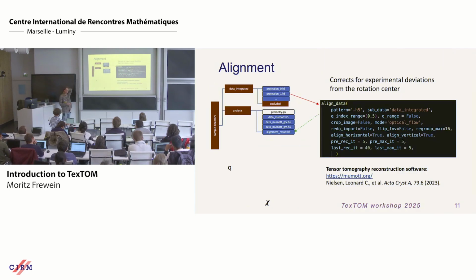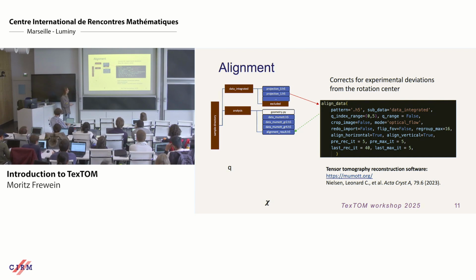Then the next step is the alignment. As we already talked about, this is a very crucial step. We are using the Mumot software, which you can look into here. Basically, the standard parameters should work for many samples, I think.